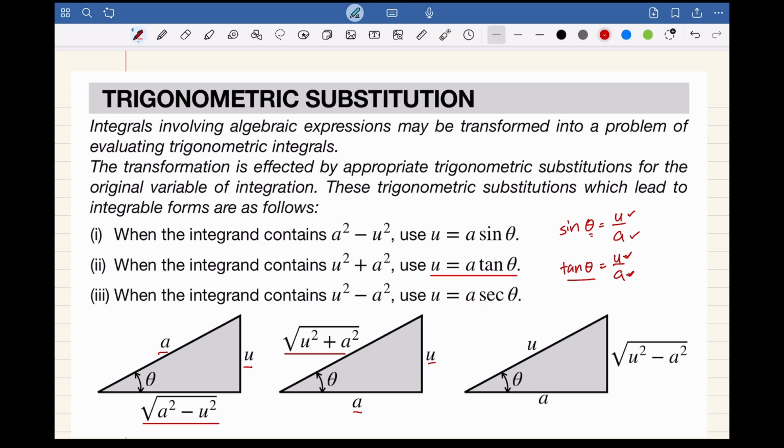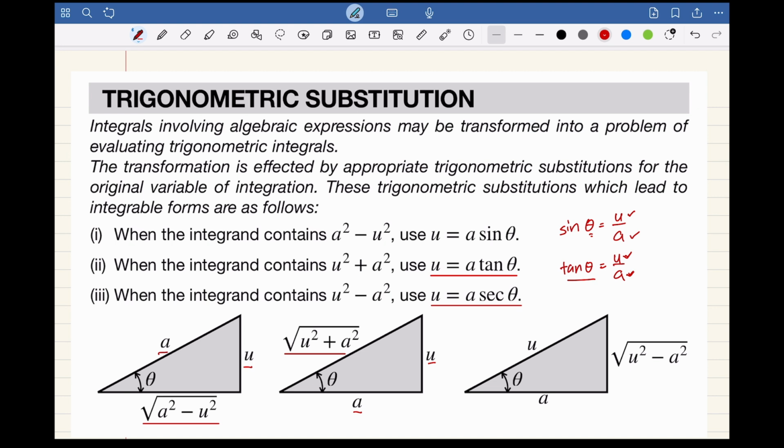Now, after we have determined yung corresponding substitution natin, we will now use this substitution to derive or to draw this triangle right here. And then yung mga values ni u, yung values ni u squared minus a squared, we will be using these values for our substitution sa ating integrand.